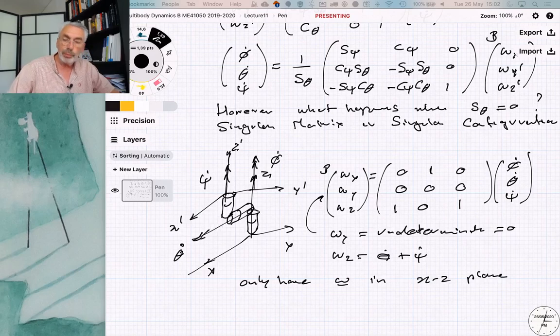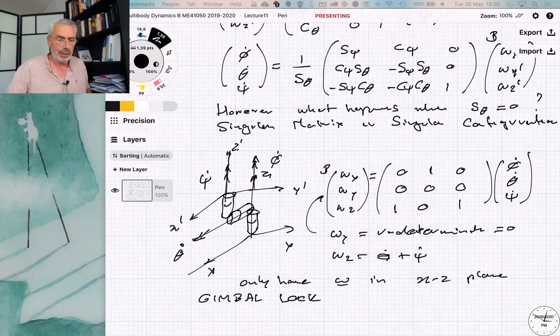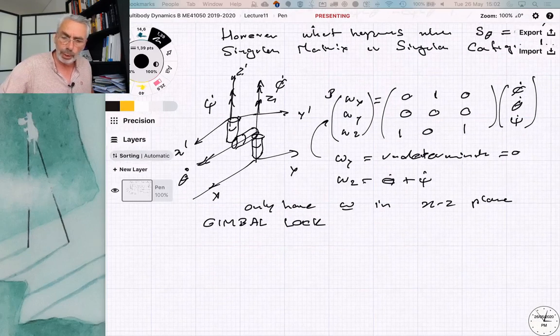Because none of these axes point out into the y frame. And this is also sometimes called gimbal lock. And it's of course very strange. It looks like, oh, this is not a good way to describe the orientation and the angular speeds, and that's correct.